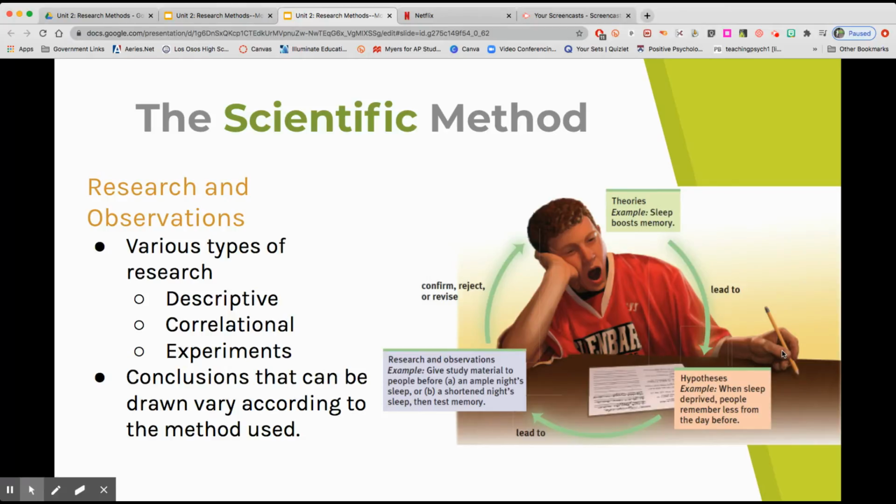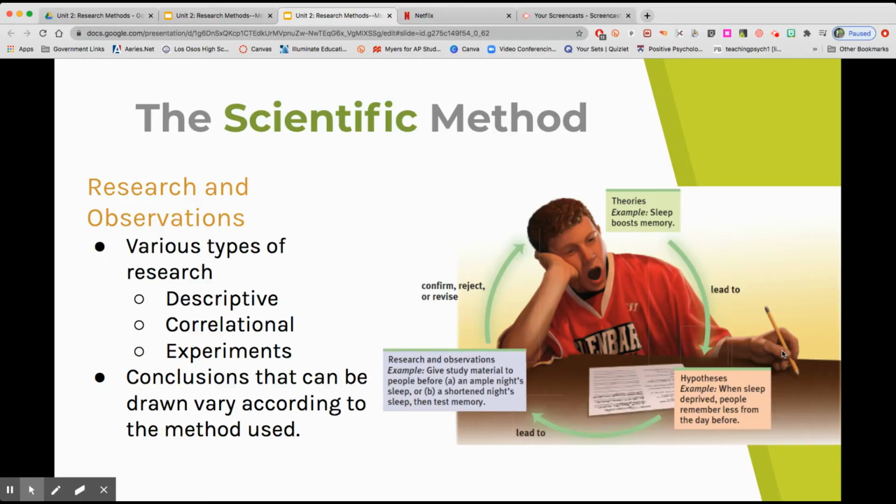And one thing that you'll hopefully notice as we move through talking about descriptive versus correlational versus experiments is that what I can say from my results, the conclusions that I can draw, vary according to what type of research I did. So let me give you a little preview.